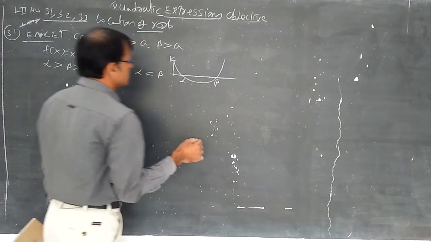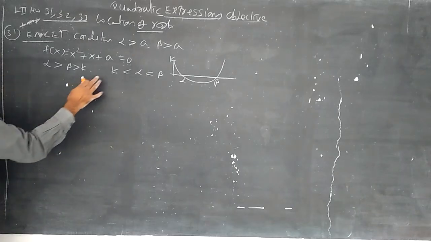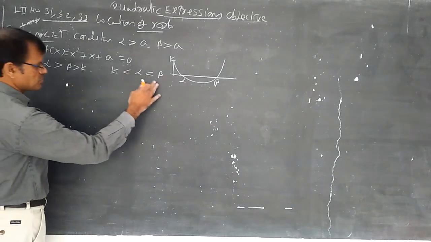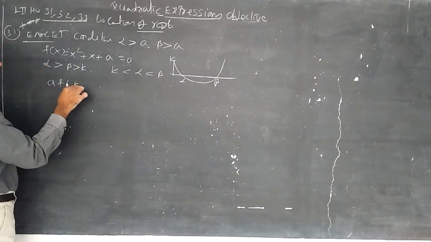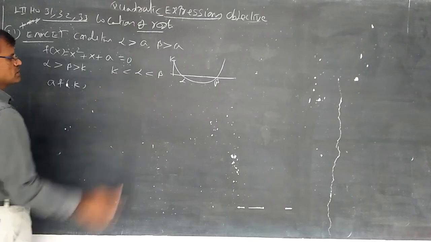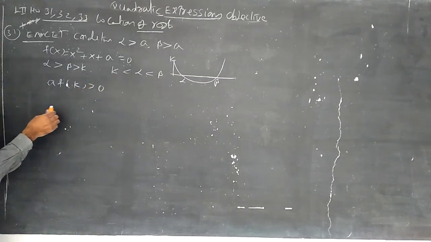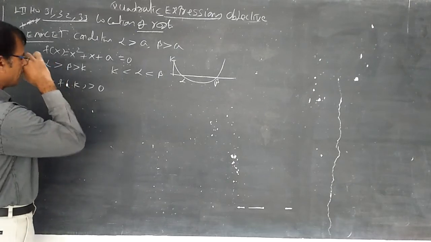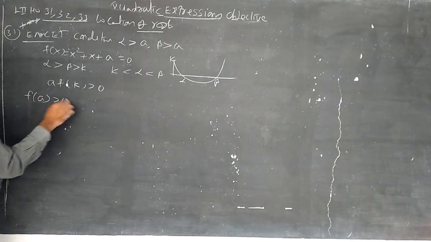So k minus alpha is less than 0 and k minus beta is less than 0. K minus alpha into k minus beta is greater than 0, because minus into minus becomes plus. So a into f of a greater than 0. What is the value? Simply you can put a here, indicating f of a greater than 0.